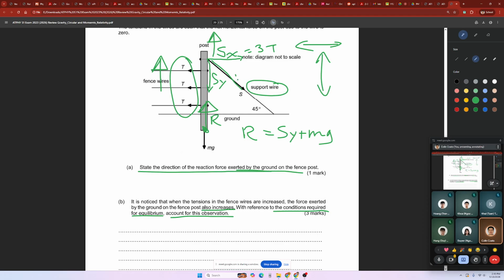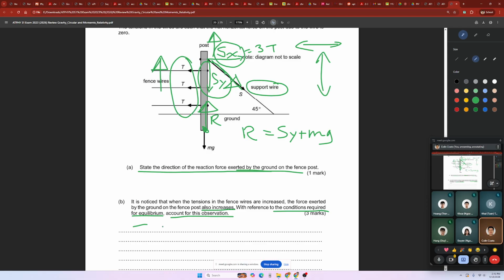So this is the real force. These are just the components that create this, and this must increase so that this can increase. And so if the tension in the support wire must increase, then that will increase its vertical downwards force. Okay?